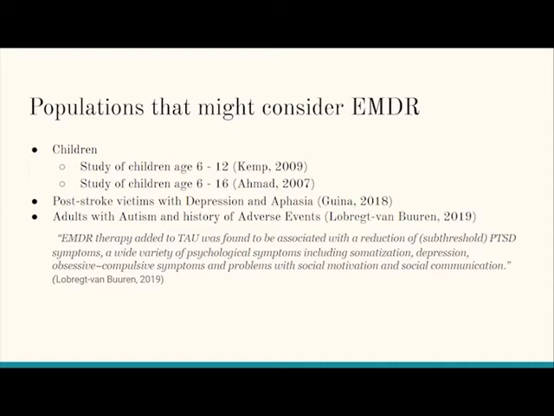In another study, they had 33 6 to 16-year-old children with a DSM-4 diagnosis of PTSD. They were randomly assigned to 8 EMDR treatment sessions. The post-traumatic stress symptom scale for children was used to evaluate their symptoms and their outcomes. Age modifications were made for the kids.